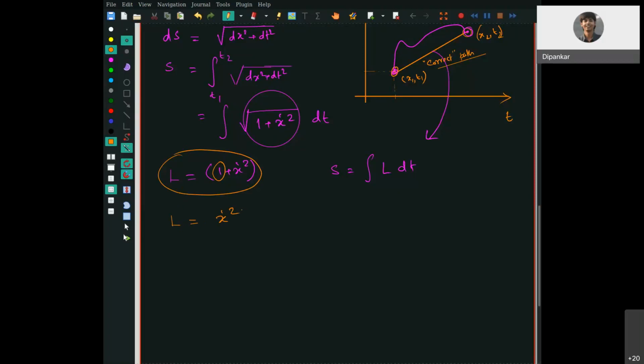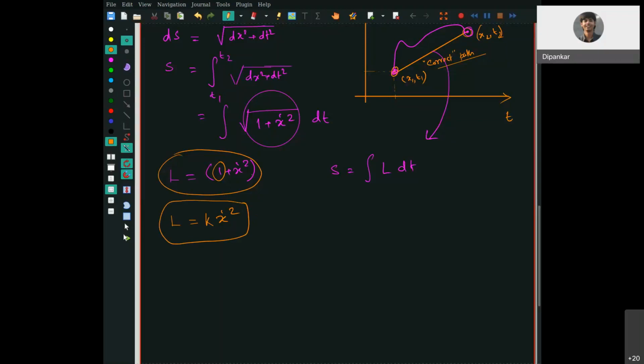Usually a constant is kept so that the dimension of L is matched. If I try to minimize x dot square, then k times x dot square, where k is a positive constant, will also be minimized. So I can write that L equals k x dot square might be a Lagrangian function for a free particle in one dimension.